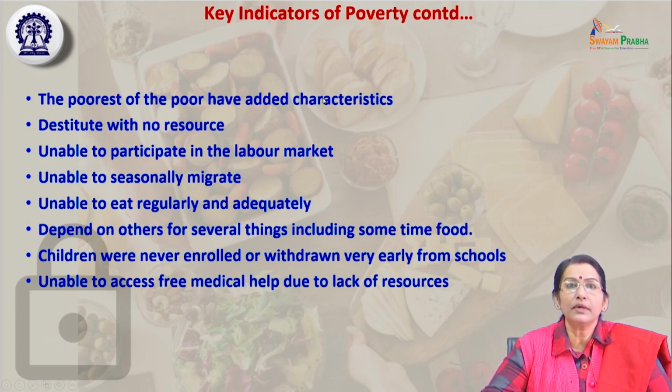So these are the parameters and conditions of the people living below the poverty line. They depend on others for several things, including sometimes food. Completely dependent.